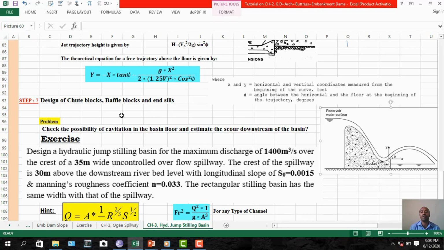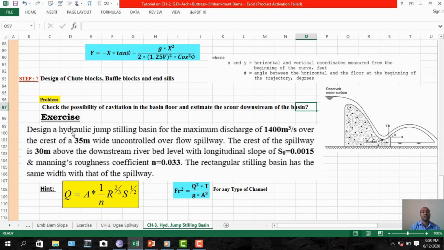Okay, so as a problem for this example, check the possibility of cavitation in the basin floor and estimate the scour downstream of the basin. So as a problem, please try this question. As an exercise again, you can use this equation.